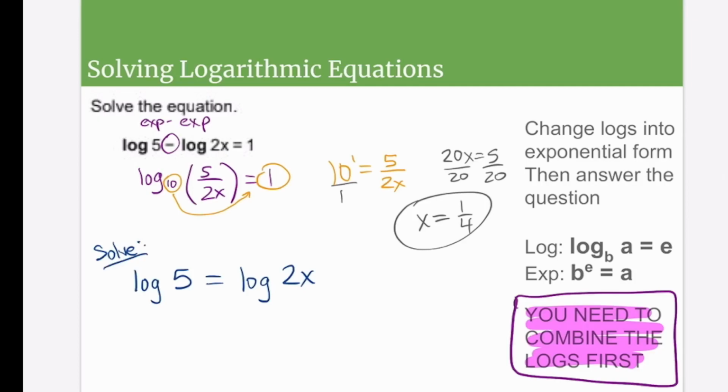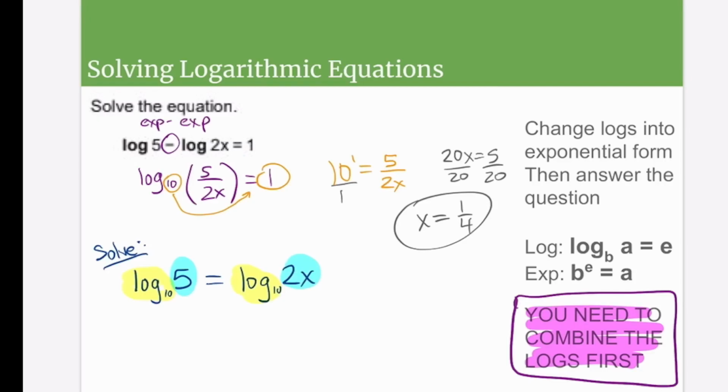This is done the same way you solve an exponential with a common base. So both of these have the same base 10. So logically, if these parts of the equation are equal, that would result in these pieces of the equation also being equal.